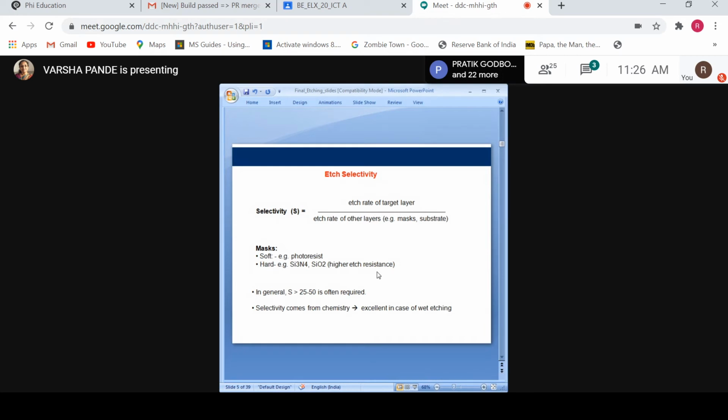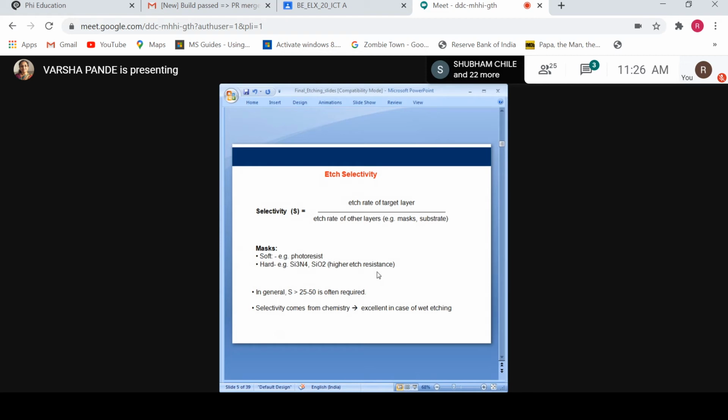That is called selectivity. Etch rate means how fast that particular target material will be removed in the particular solution, keeping the other materials, the mask and substrate, as they are.